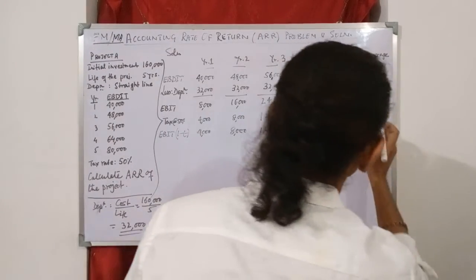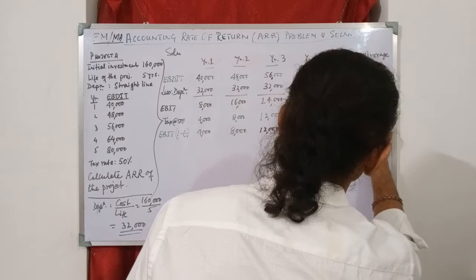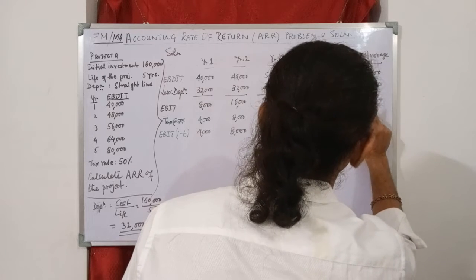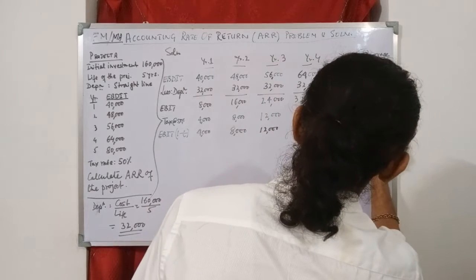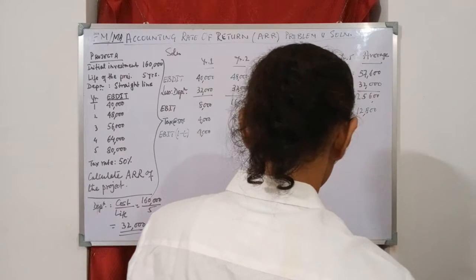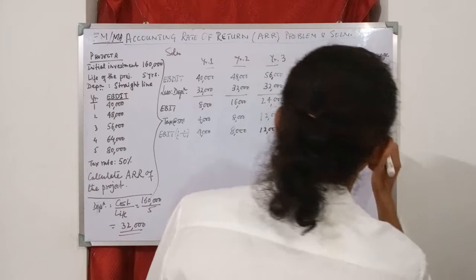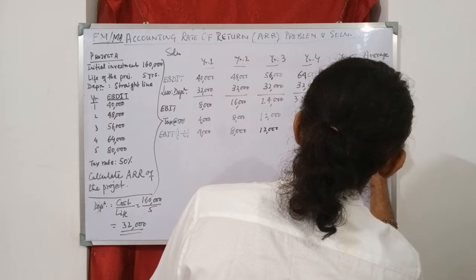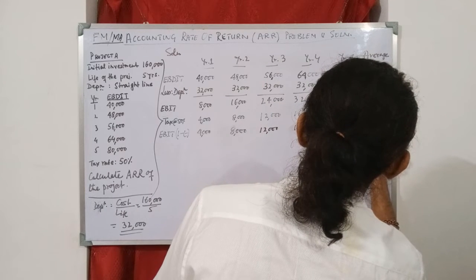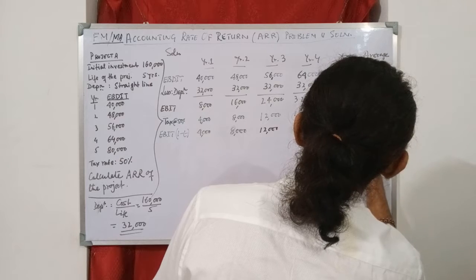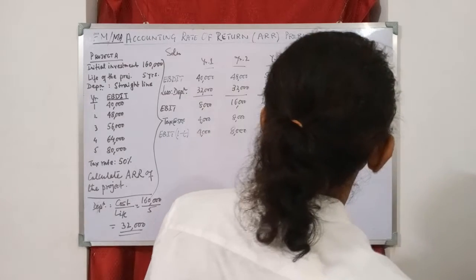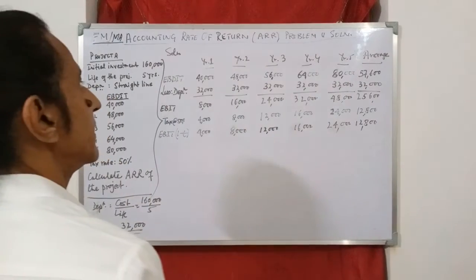You will get the same figure. So you are deducting 12,800 from 25,600. What do you get? $12,800. Right?